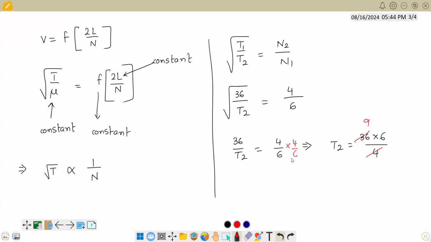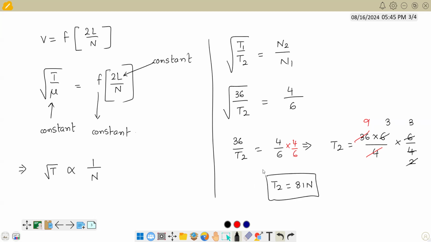It implies T2 equals 36 into 6 by 4 into 6 by 4. Cancelling, we get 9 into 9. So we'll get T2 equals to 9 nines are 81 Newtons.